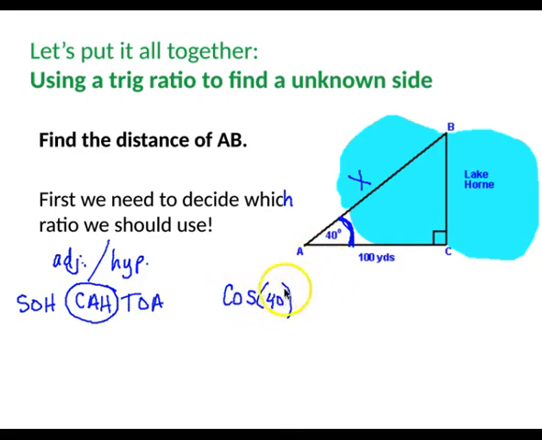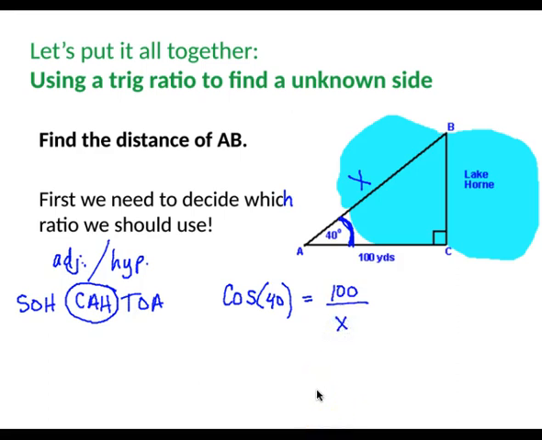We always want to put the angle measurement after the cosine, after the tangent, or after the sine. So we always say cosine angle measurement, or tangent angle measurement, whatever trig function we're using, equals the adjacent side, which is 100, over the hypotenuse, which is x.